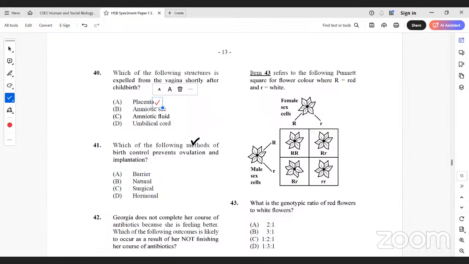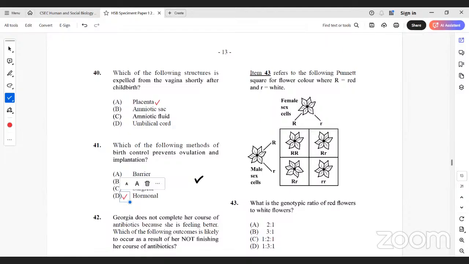So which method prevents that from happening? I hope everyone is thinking something about the endocrine system, which means hormones are in play. You may know this as the hormonal injection or the pill, the hormonal method of birth control.